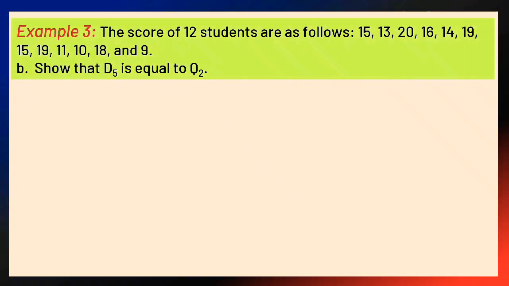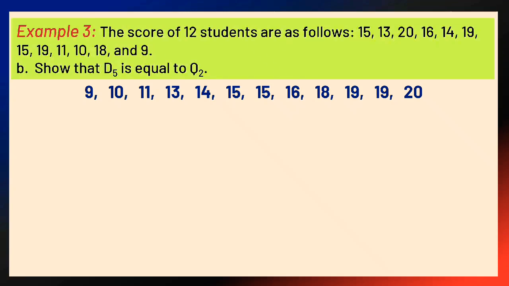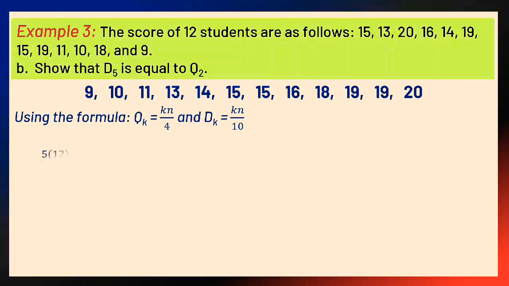For letter B, using the same problem, show that d sub 5 is equal to quartile 2. So first thing to do, class, is for us to arrange the data in ascending order. And of course, we are going to use the following formulas for quartile and decile. So first thing to do is for us to identify the value of the fifth decile.